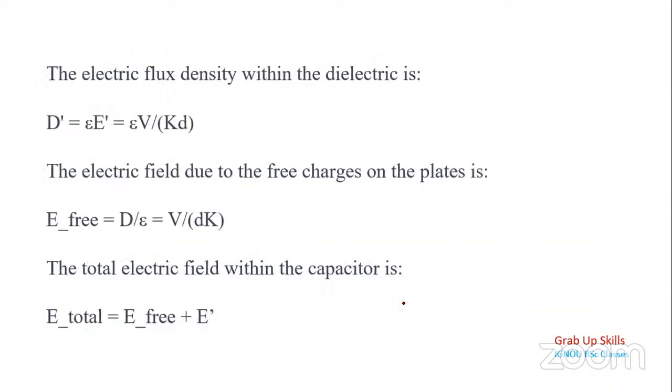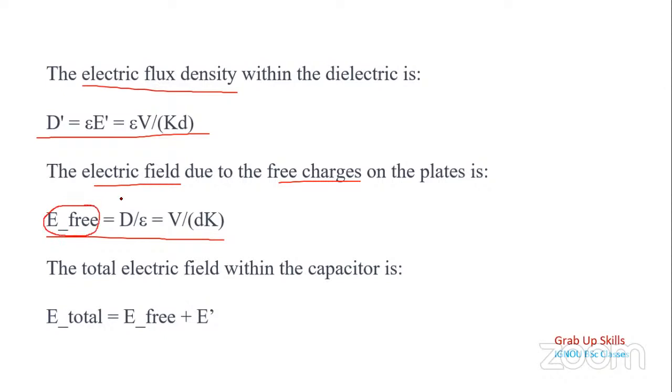Now we have the formula for the electric flux density within the dielectric, that is D dash is equal to epsilon E dash is equal to epsilon V divided by K D. The electric field due to the free charges will be given by this formula, E free.